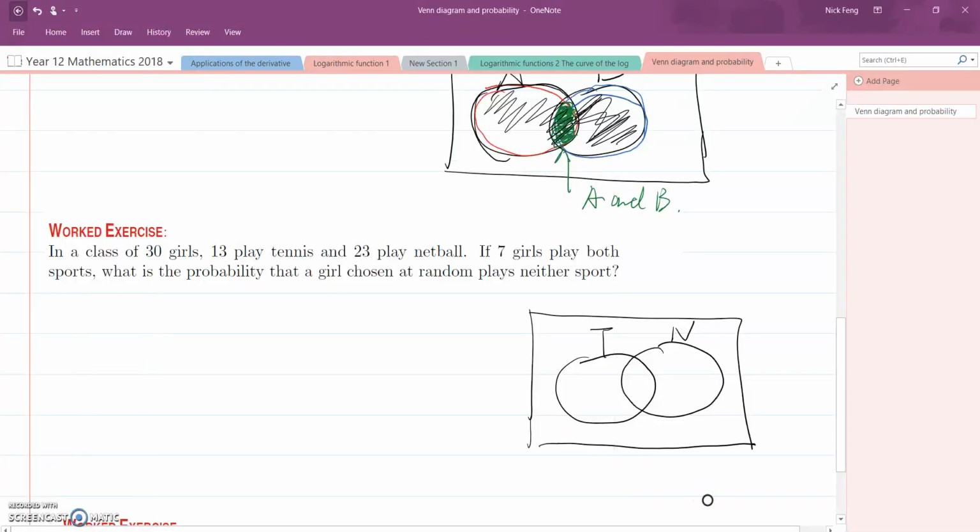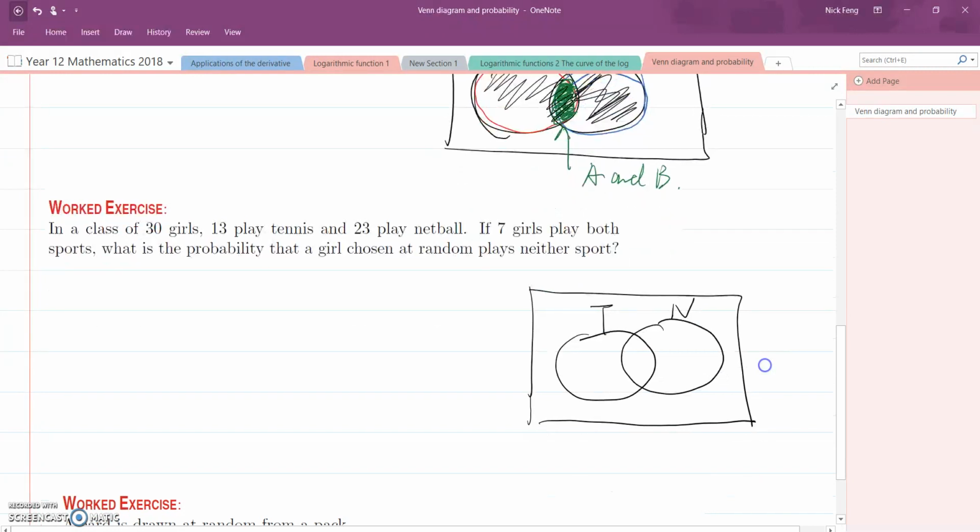So in other words, if you have 13, the 13 is not right here, because whatever is right here represents the girls that only play tennis, and whatever is right here represents the girls that only play netball. So to deal with a Venn diagram, we always start with the middle number, 7.